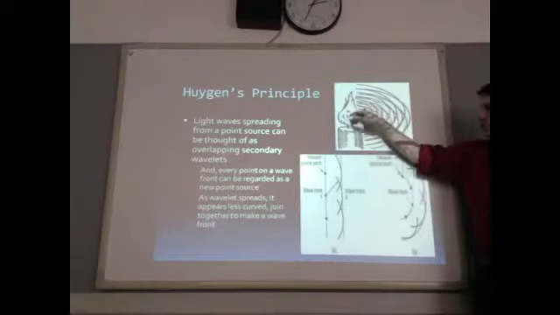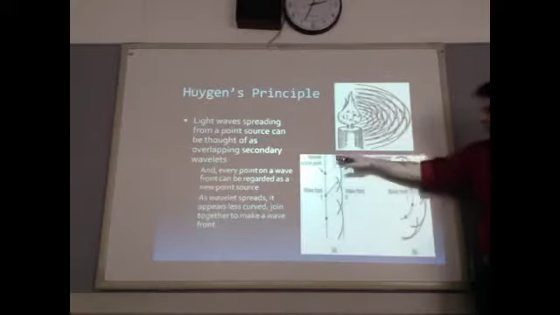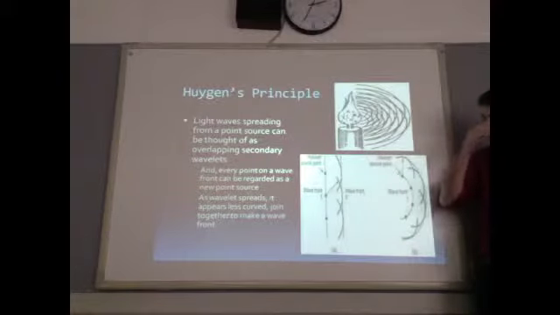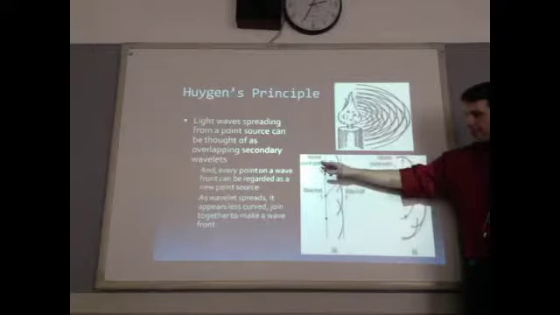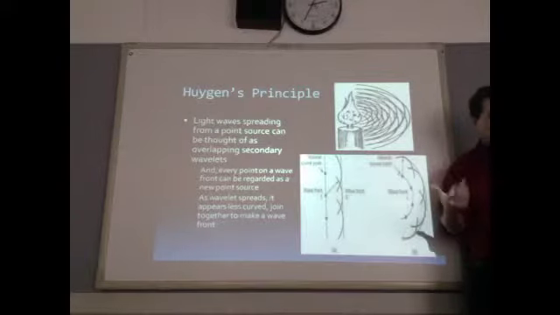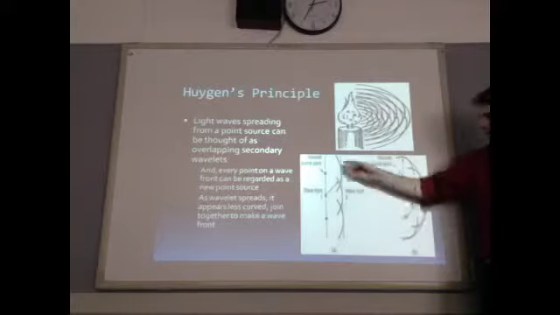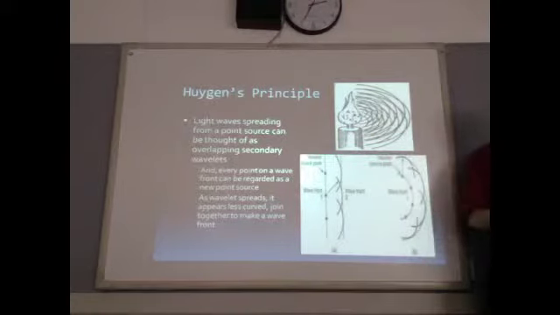Each one has its own circular pattern, and when they add together, you get the wave front that we're used to. Every point on a wavefront can be thought of as its own point source for this purpose. As these wavelets spread, they combine and create straight or curved wavefronts.